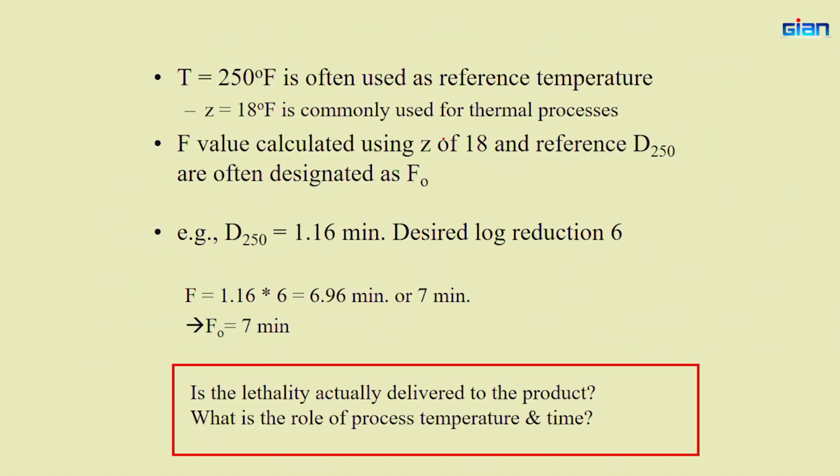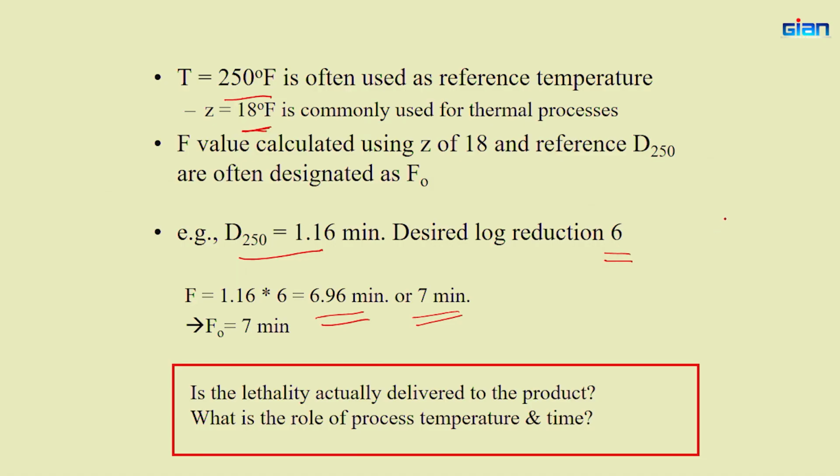Here is a worked example. At 250 degrees Fahrenheit, the Z value for the microorganism is 18 Fahrenheit. This is normally used for Clostridium botulinum, 18 Fahrenheit or 10 degrees Celsius, and it tells how many log reductions you need. If you have 250 is 1.16, you need 6 log reduction, then you approximately need about 6.96 or about 7 minutes. So you can do some simple mental maths.